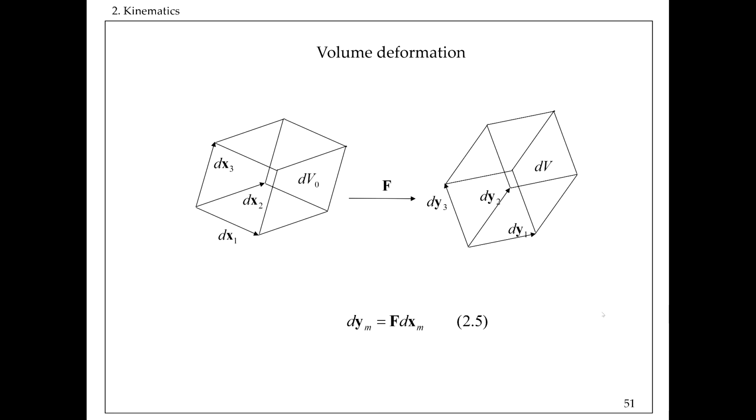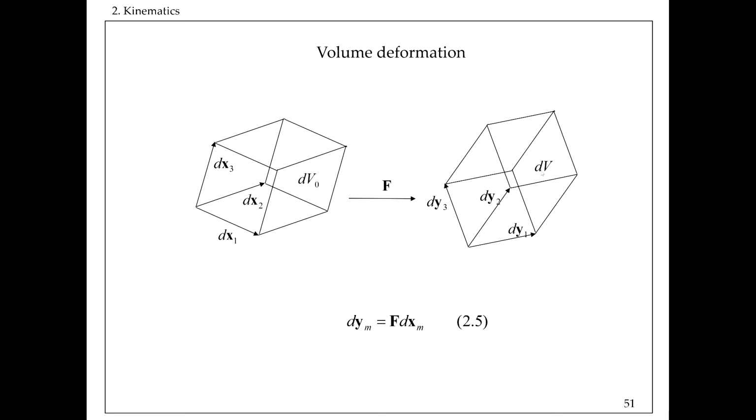So let's calculate that determinant and calculate the volume. We're going to look into dV. For our derivation purposes, we could look into dV0 separately, of course, but let's start from dV.